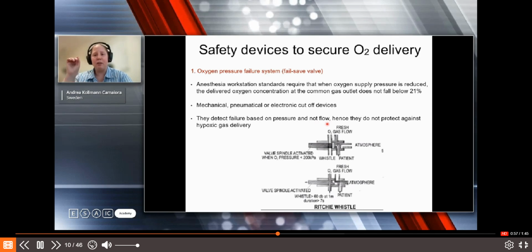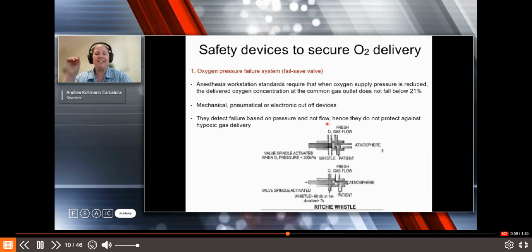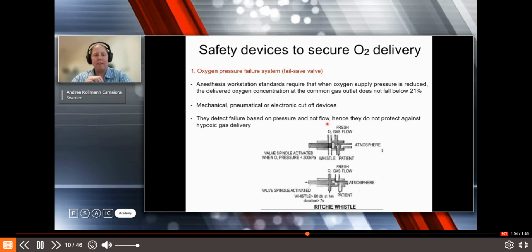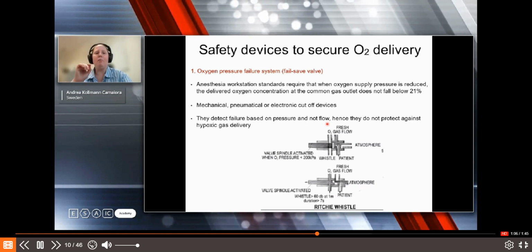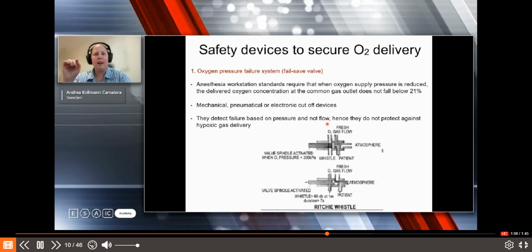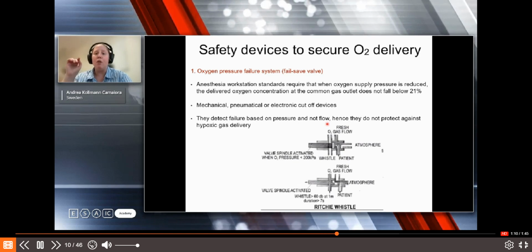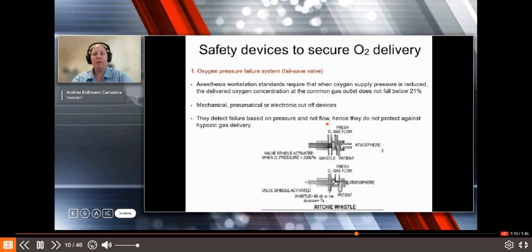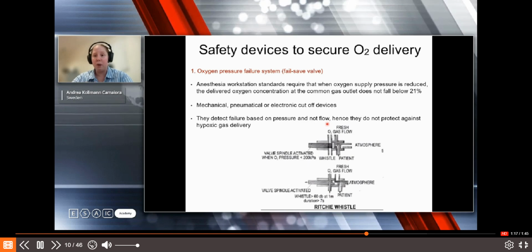So still, if the concentration of N2O is high, I can get a hypoxic gas delivery. So in the exam, remember the fail-safe valve is based on pressure, not on flow. And how does it look like? Well, if this happens to you, you will hear a whistle.